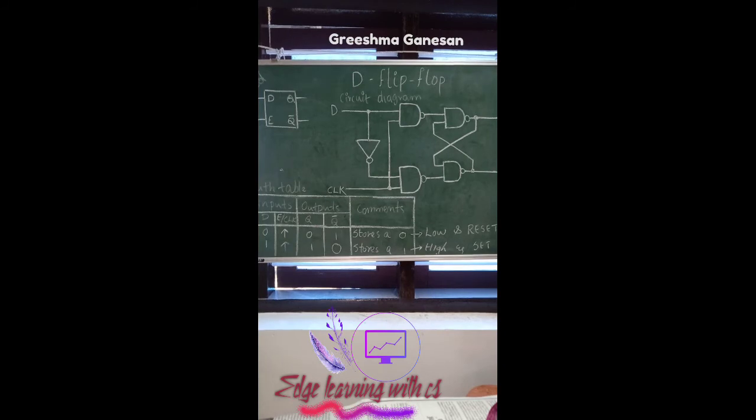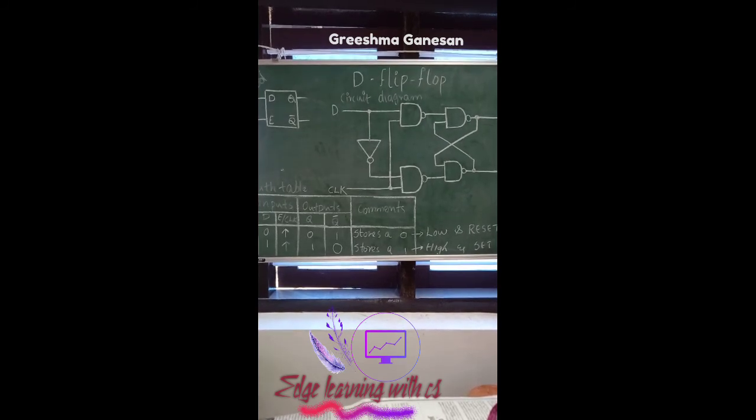So once again we repeat the points, guys. The D flip-flop is very simple to use. Only one input in addition to the clock is applied to this D flip-flop, and it is useful when a single data bit, 0 or 1, is to be stored.